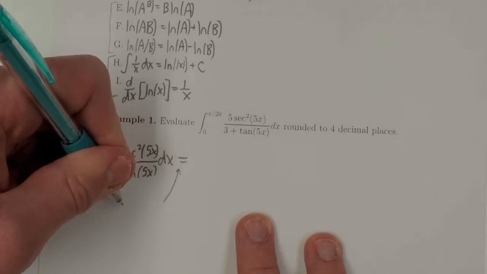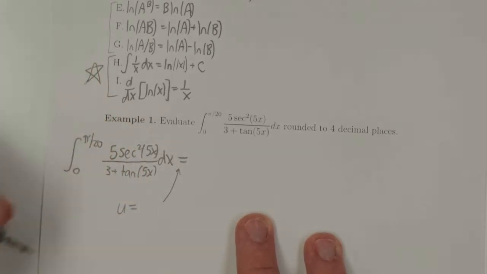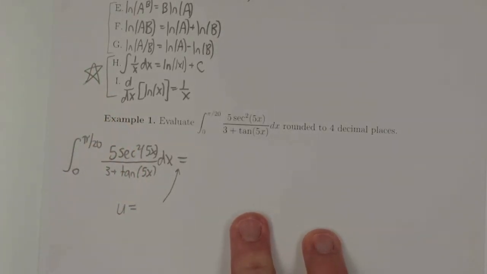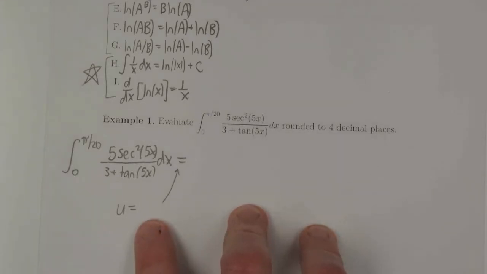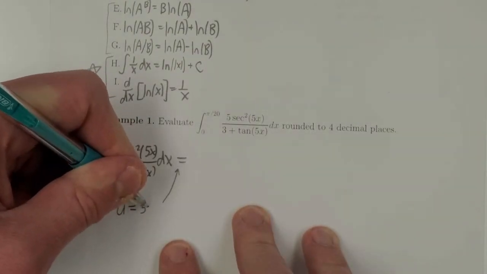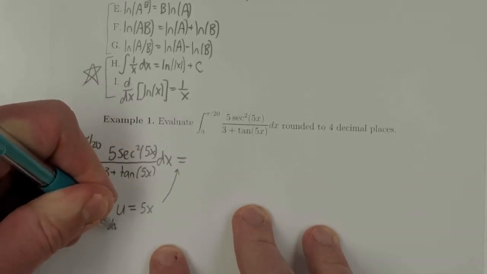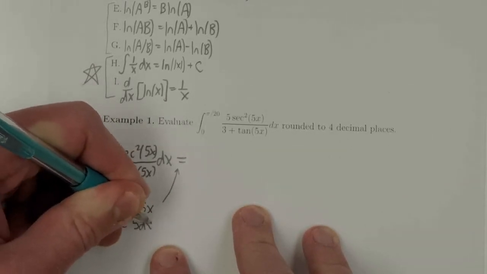So, what would be the good u substitution that we should employ here? We could do that. So if you want to do u equals 5x, that means du would equal 5 times dx.